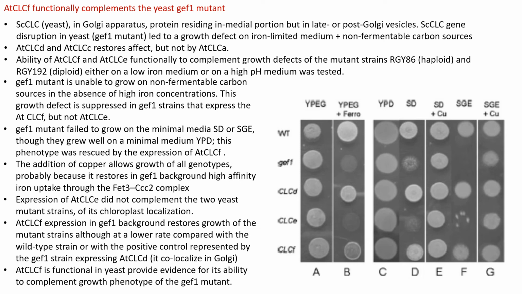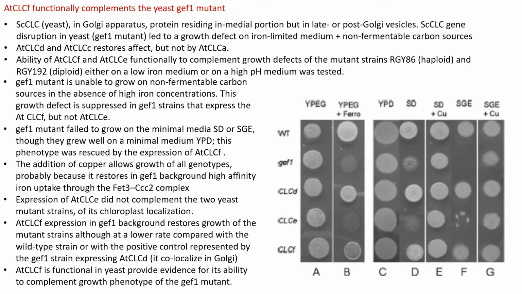So in order to check the role of this ATCLC-F, ATCLC-F was inserted into the yeast system lacking ScCLC in order to complement the functionality of the yeast system, to see if the mutant yeast, that is GEF1, would grow or not.